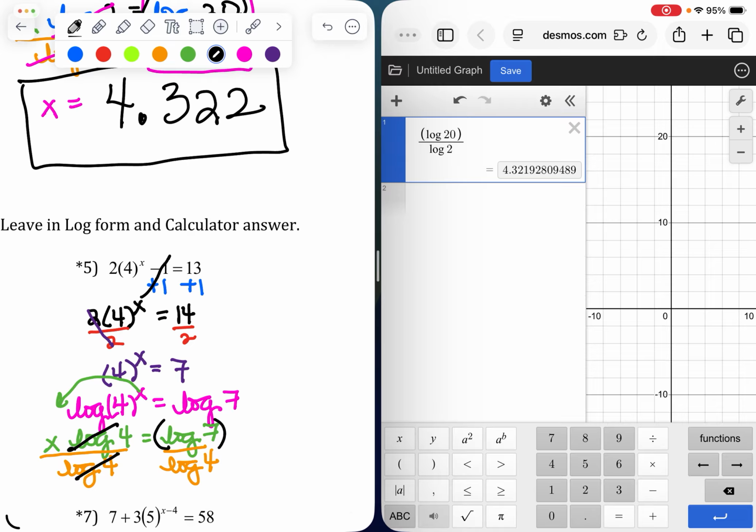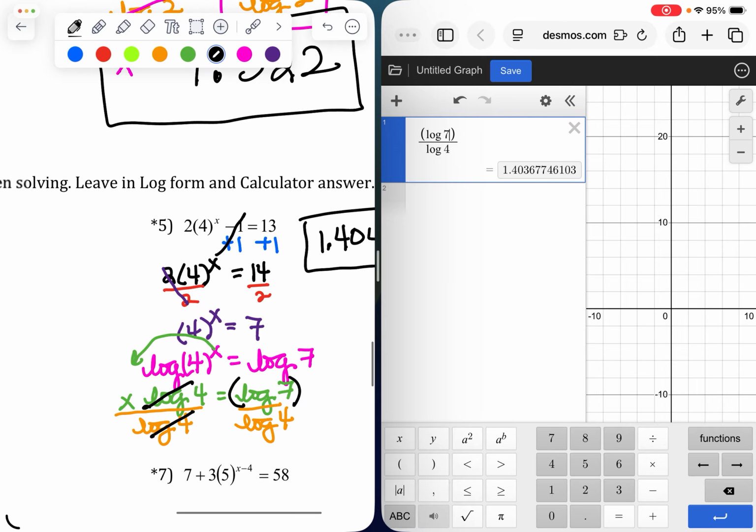Now, with that e, instead of writing log by everything, I'm going to put ln, a natural log, by everything. Now I'm going to throw that 3x in the front. So that would be 3x ln of e equals ln of 10.